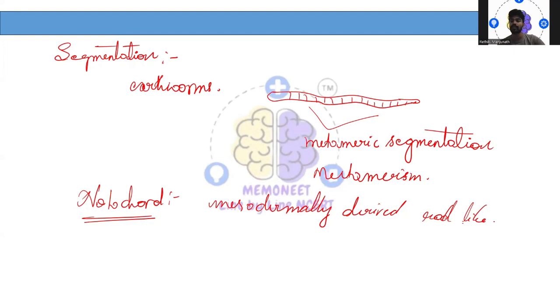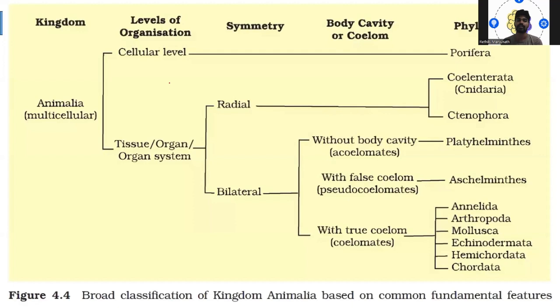So this was all about the stages and the features that we consider while classifying animals. Next we will study the classification, which is based on level of organization, symmetry and body cavity. The kingdom Animalia has been placed into different phyla.